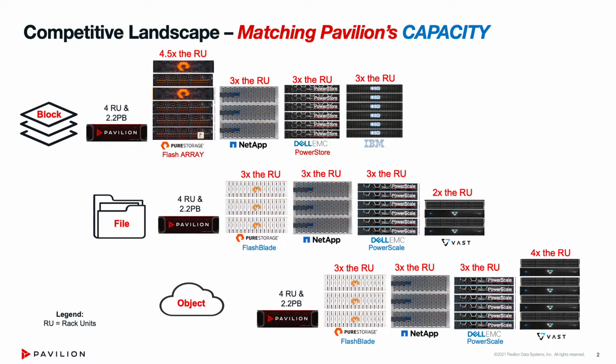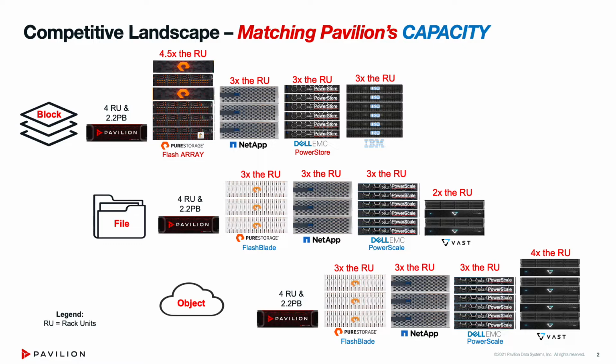We'll drill into this in a little bit, but at a high level, in Pavilion's 4 rack units and 2.2 petabytes capacity, if we picked 4 of the competitors out there for block, it would take 4.5 times the rack units for Pure Storage, 3 times the rack units for NetApp, 3 times the rack units for Dell EMC PowerStore, and 3 times the rack units for IBM.